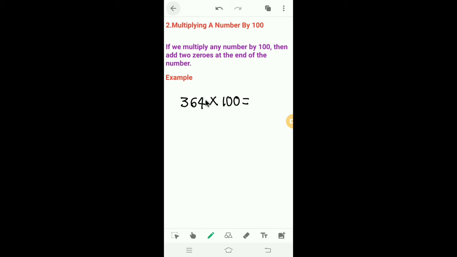We have to write the given number as it is, that is 364. After that we should add two zeros at the end of the number. 364 into 100 is equal to 36,400.